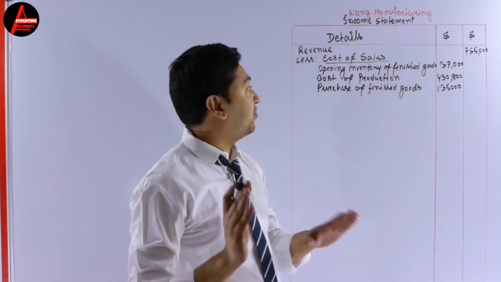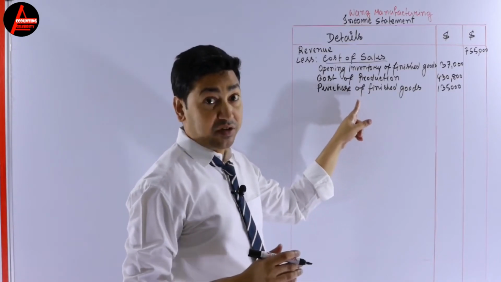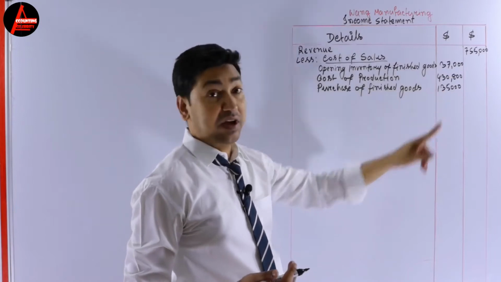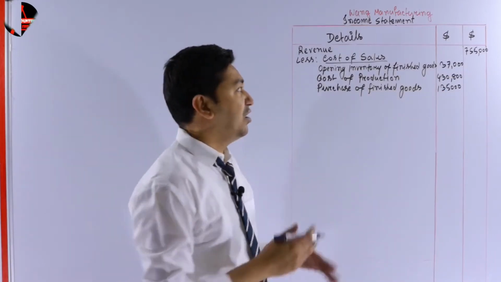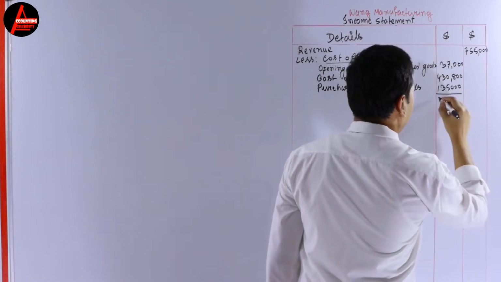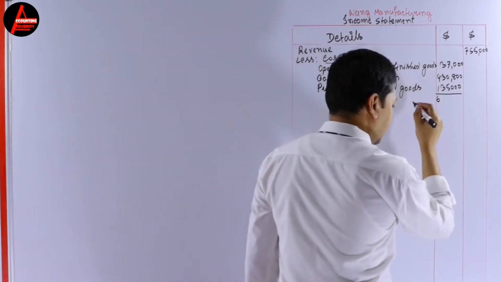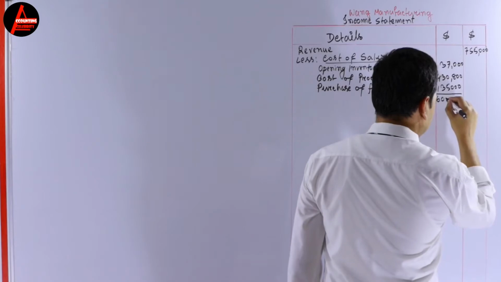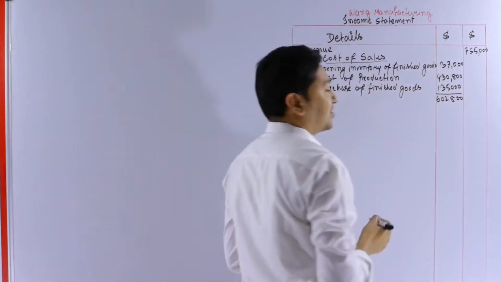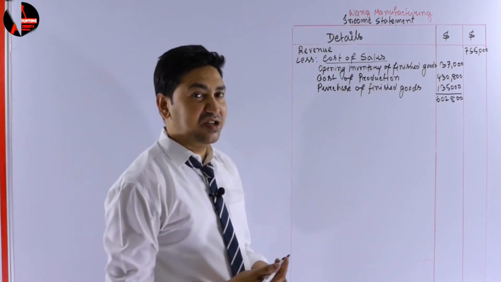We need to add. By the way, if we have purchase return of finished goods, then obviously we have to subtract this value from this $135,000, okay? So now we add these three. Our answer is $602,800, okay?